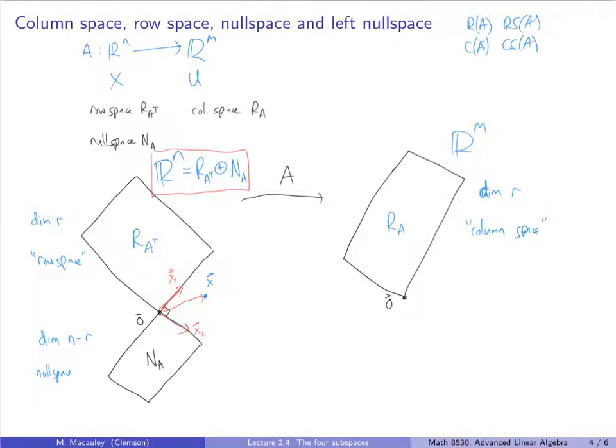Now, it's not hard to see why these things are perpendicular. Let's think about what it means to be in the null space of A. Let's suppose A is something like this. If x is in the null space, that just means that A times x is the zero vector, which means that every single individual row times x has to be 0.